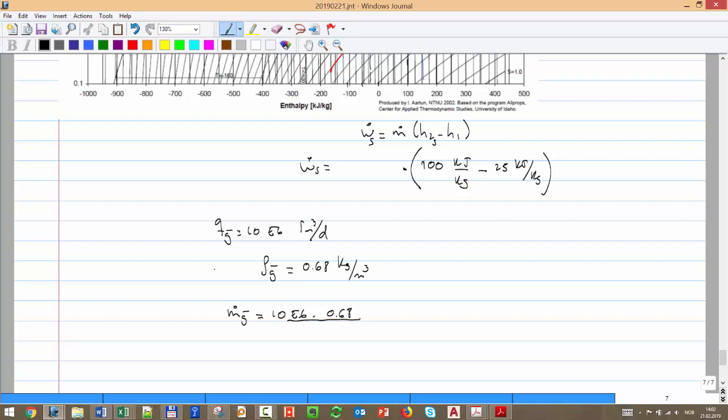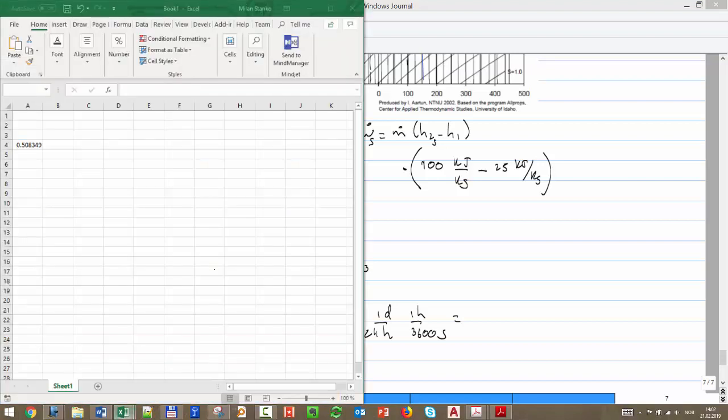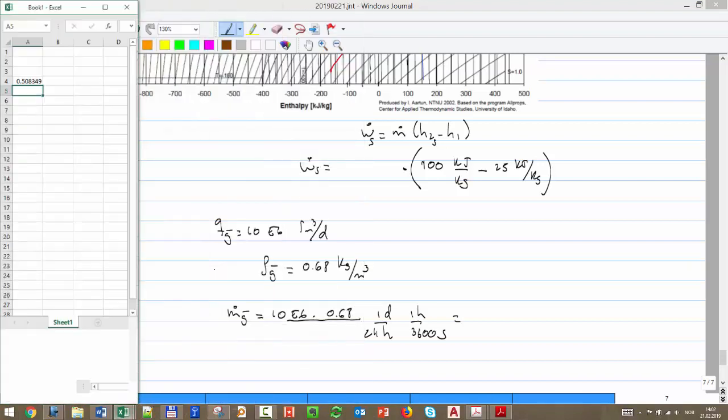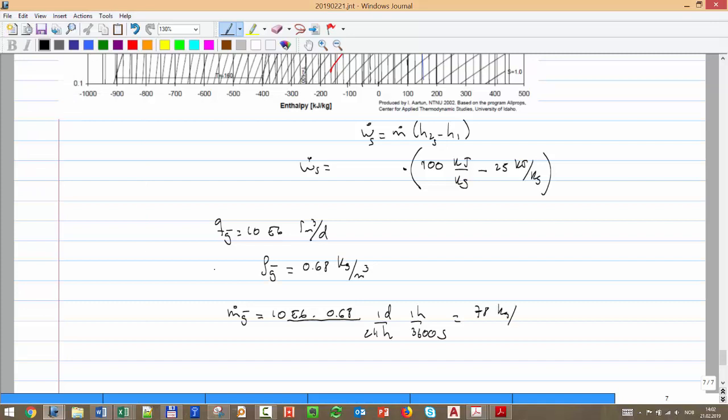So we have to divide by the seconds in a day, and that gives you about 78 kilograms per second.